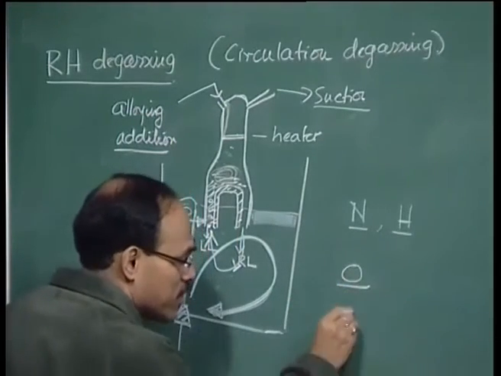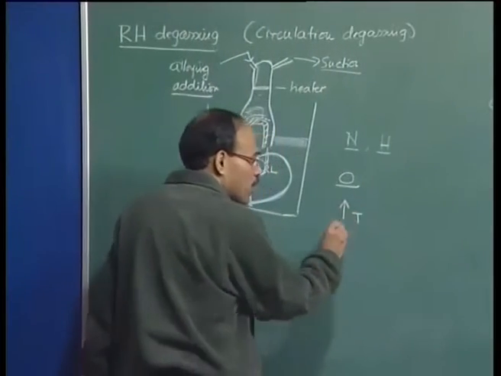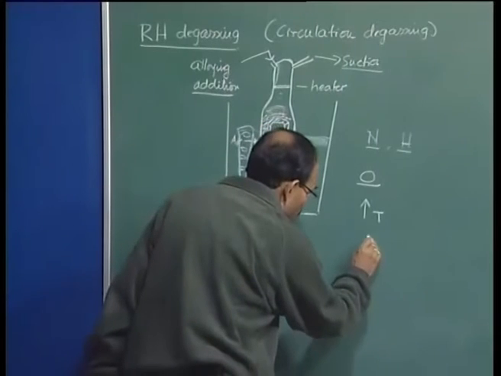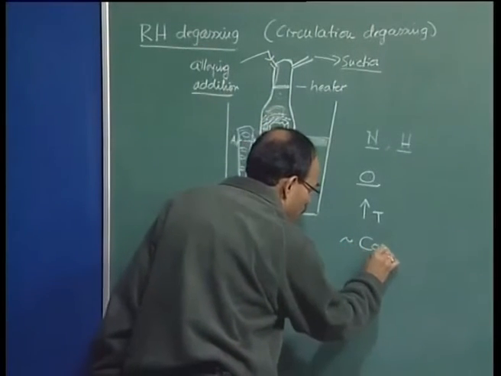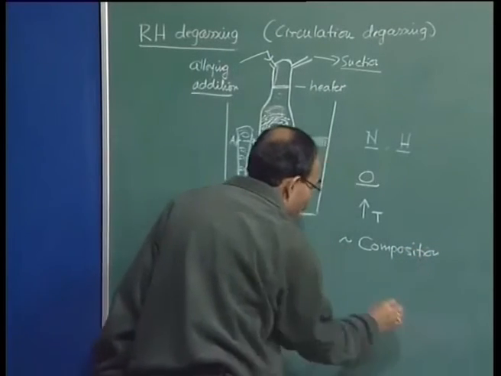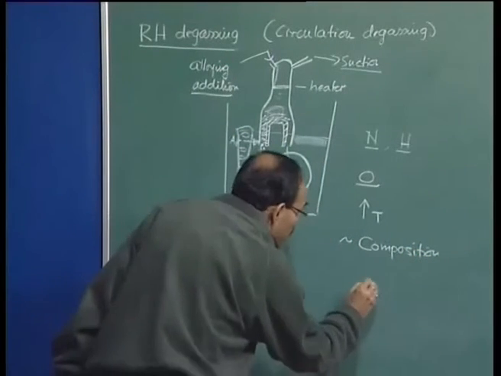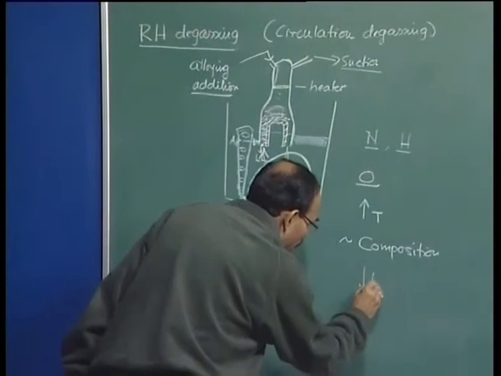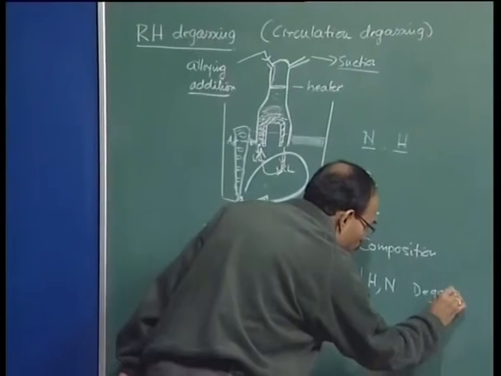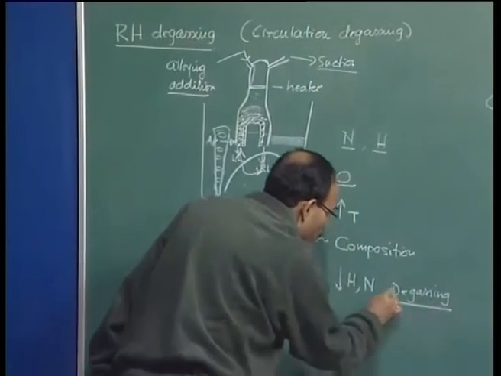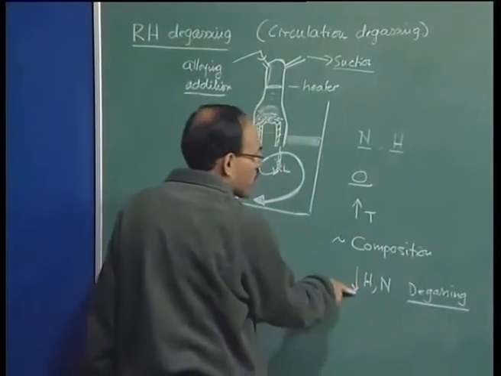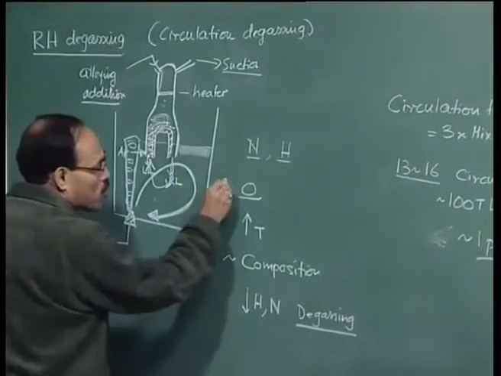We have increased the temperature of the melt, and through LF operations we have been able to adjust the composition correctly in the LF itself. We have been able to remove hydrogen and nitrogen through degassing. So, composition is correct, less amount of hydrogen and nitrogen, temperature is up, oxygen is down.